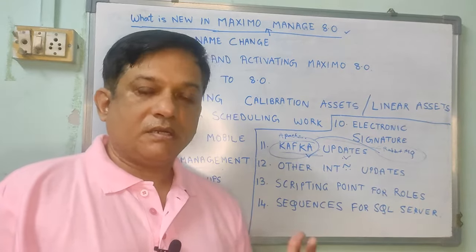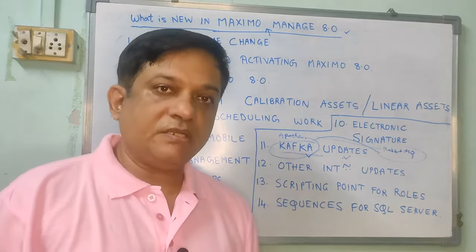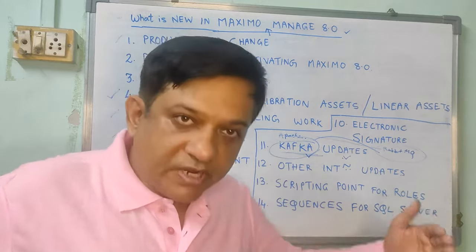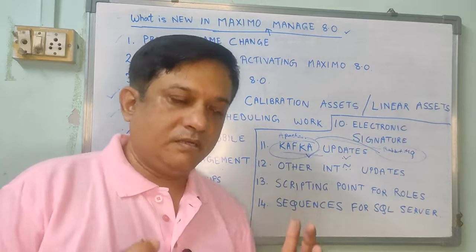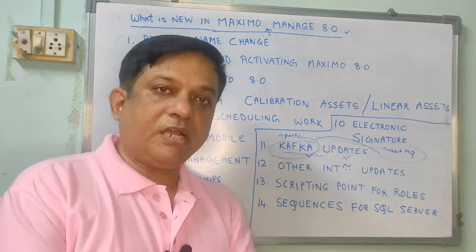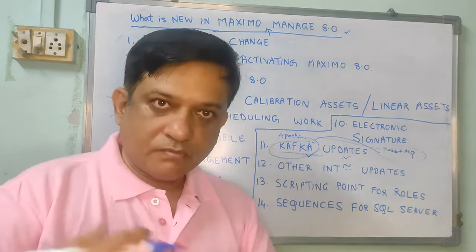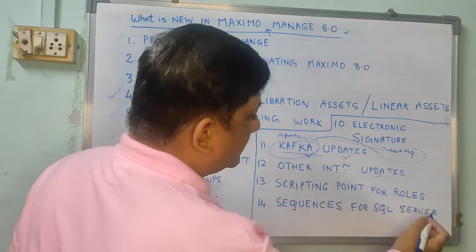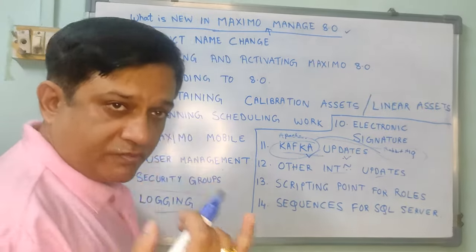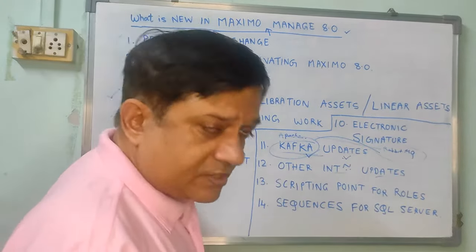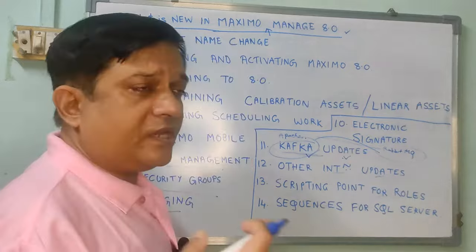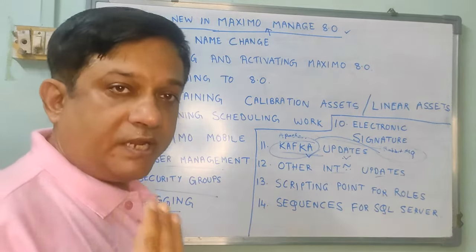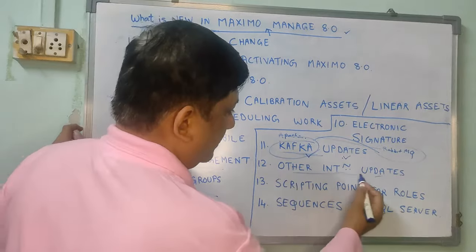Second is asynchronous, you just send the message. And third is broadcasting, where whichever publication you subscribe to, the message will be broadcasted. So those integration updates can be done here. You can use web services, REST API, SOAP APIs, and you can use all those integrations here.